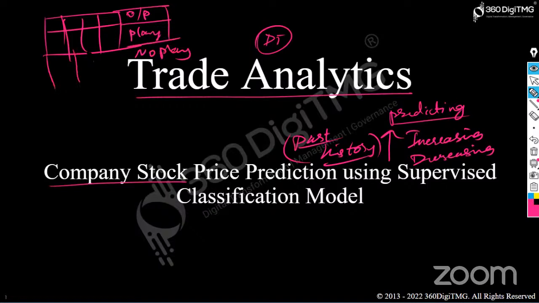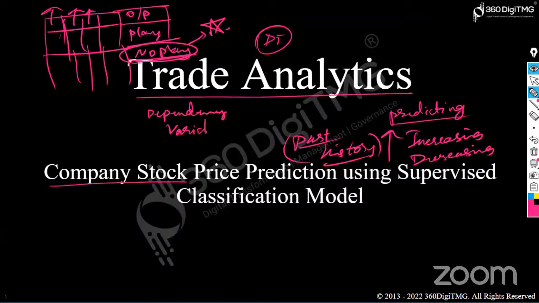This is based on different data. Let's say, for example, if it is too sunny, too windy, too breezy, and the wind is very cool, we'll say no play. Now when I'm saying no play, which feature is more important? We need to understand the dependency.